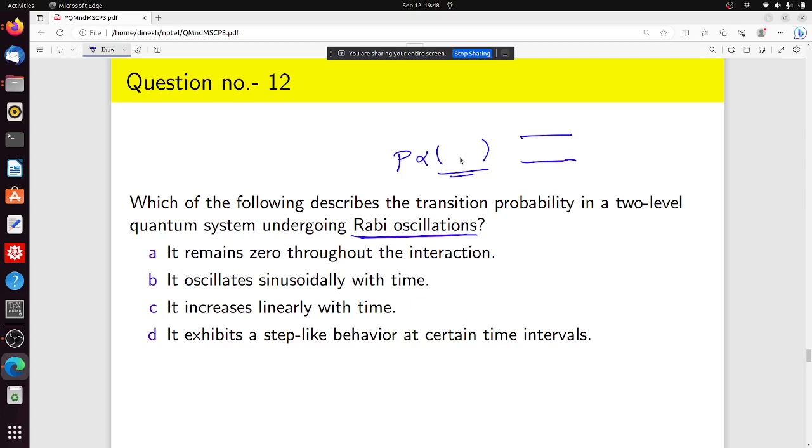It oscillates sinusoidally with time, because this probability was proportional to sine of something, I think. Okay, good. Right answer is B.